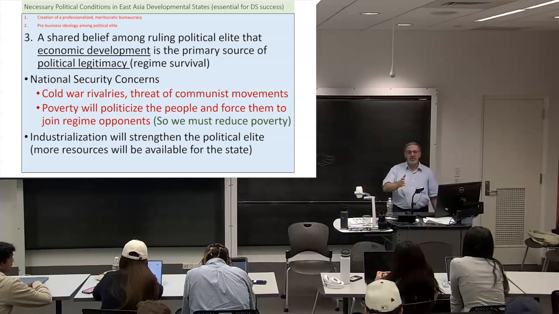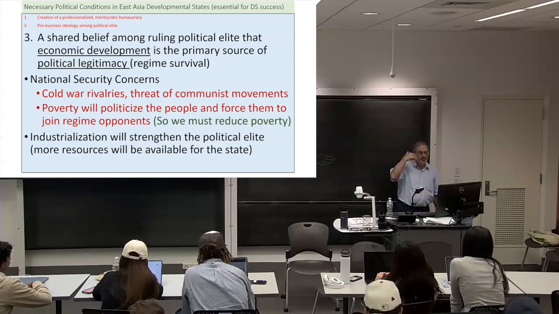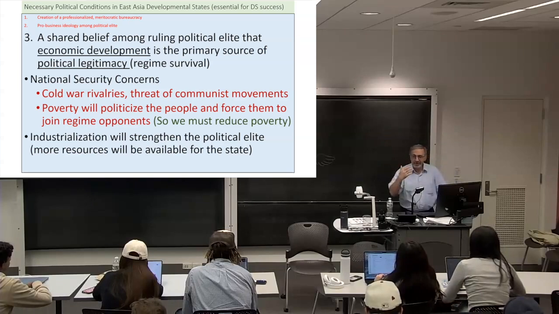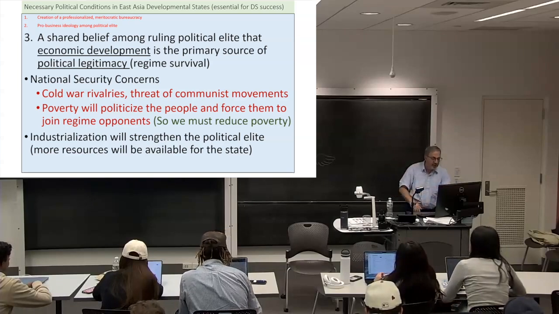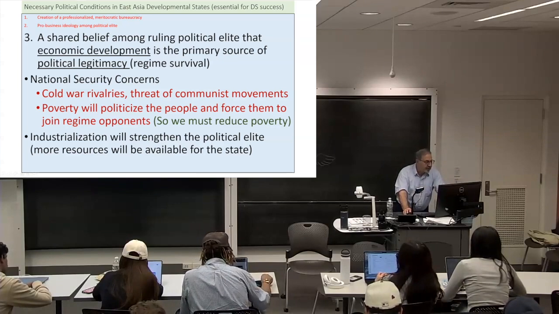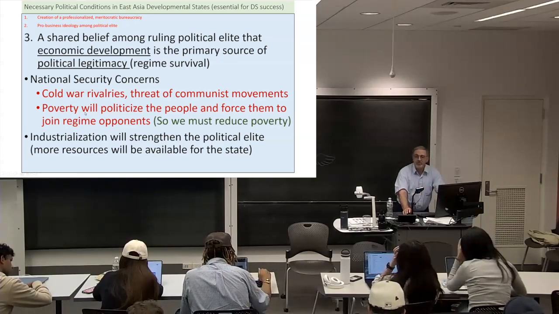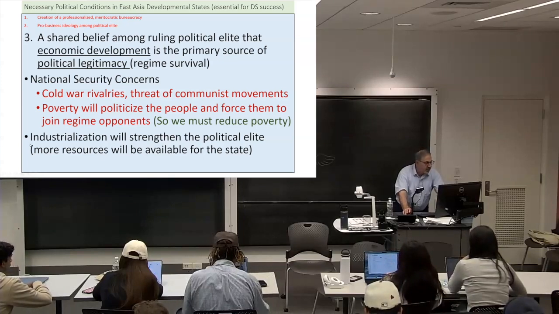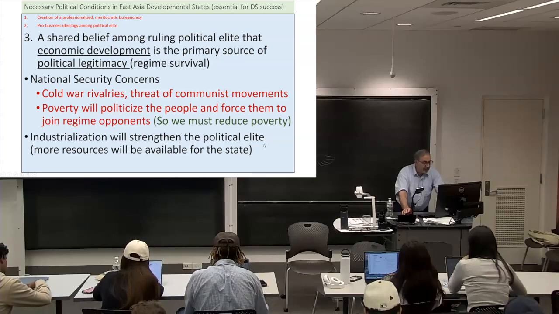So let's focus on economic success, industrialization. Let's make sure the industry is successful so that we can avoid that kind of outcome. Again, concern for poverty, which means that we share an agreement that we are going to fight poverty and eliminate it. As a result, industrialization will strengthen the political elite.